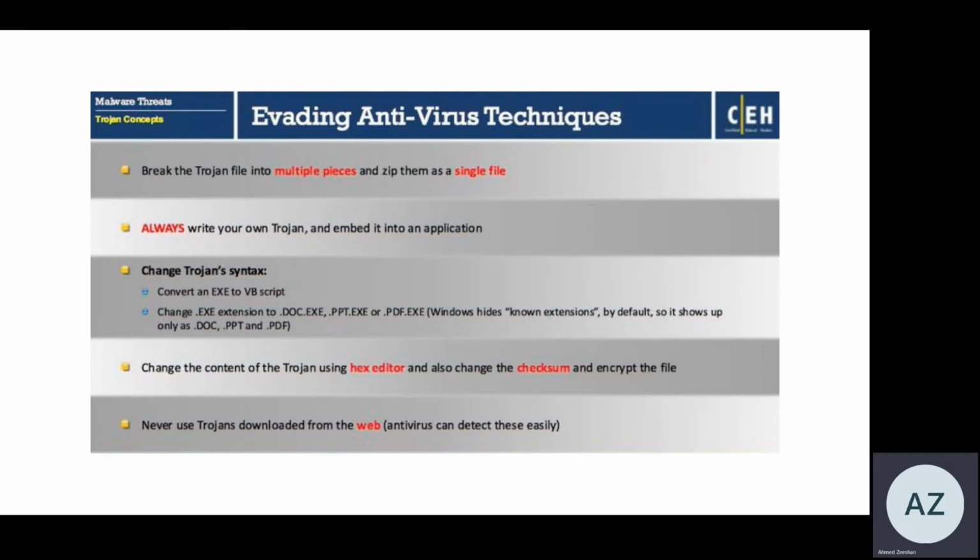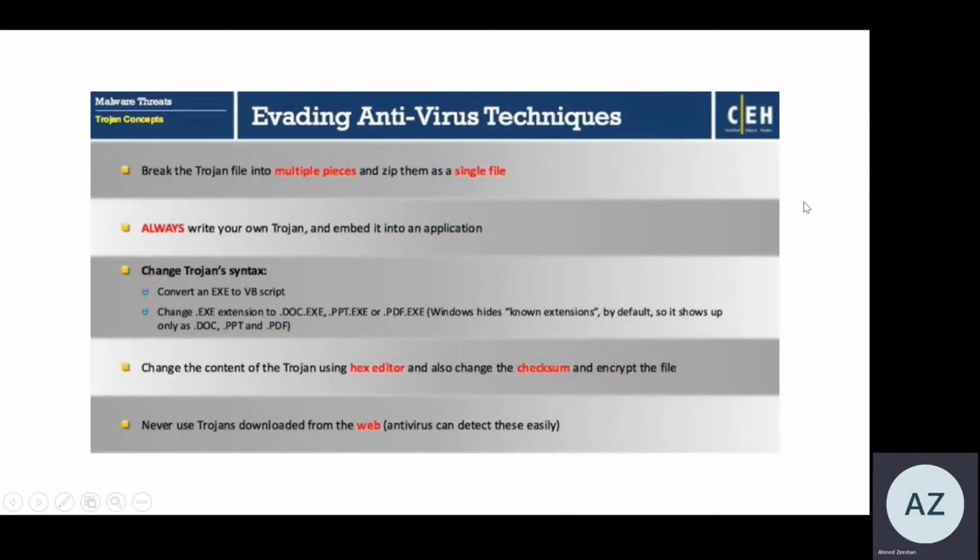Again, it's a good practice to generate and write a new Trojan rather than get your hands on one. You can obviously change the syntax of those Trojan files, those executables, so that it's not easily detectable.